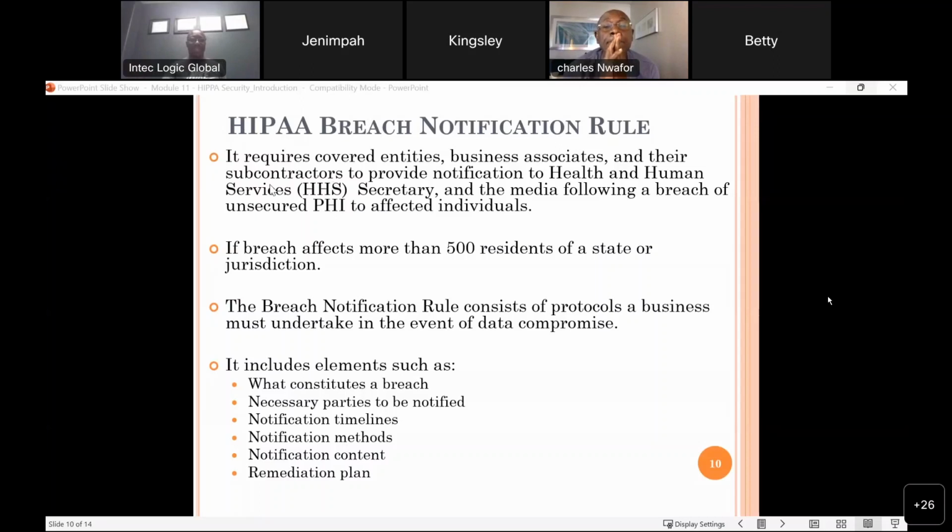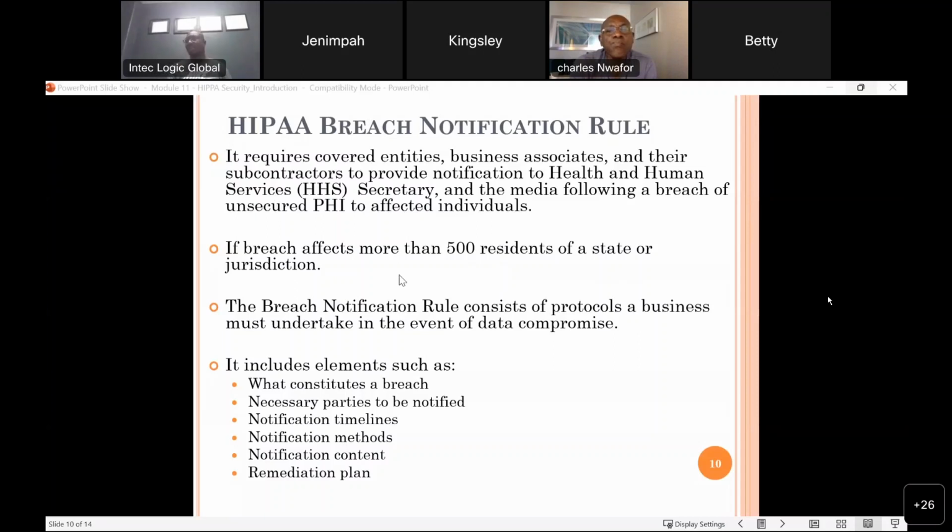I'll explain that later on. They must provide notification to the Health and Human Services Secretary and to the media following a breach of unsecured PHI affecting individuals, if the breach affects more than 500 residents of a state or jurisdiction.